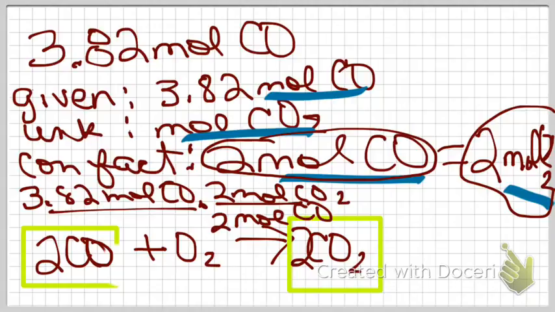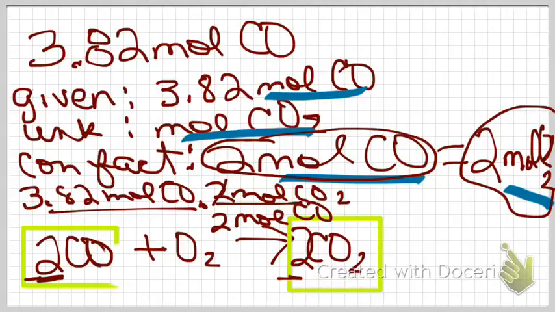Now, it just so happens, students, that this time the coefficients in front were both 2's. That's not always going to happen. So whatever it is, you're going to put that coefficient. If this was a 1, remember, like this coefficient here is an understood 1. If it's a 1, you're going to put a 1. If it's a 3, whatever it is, you're going to put that in front.